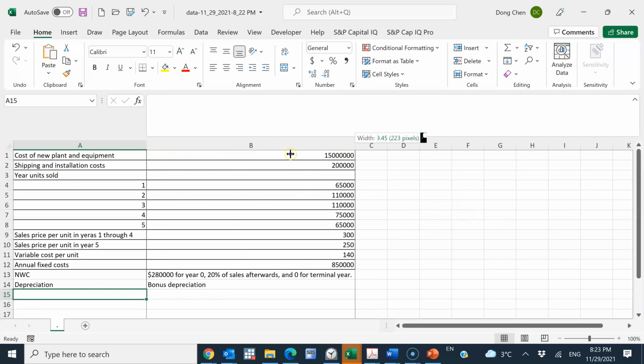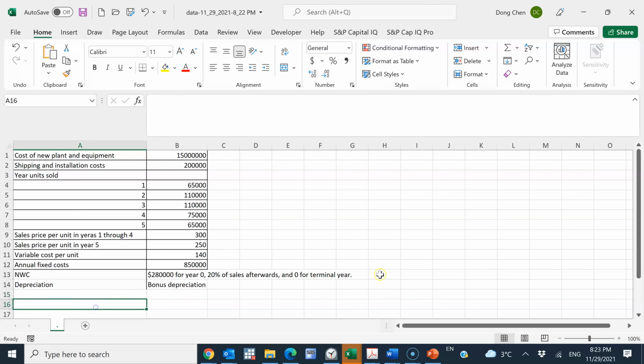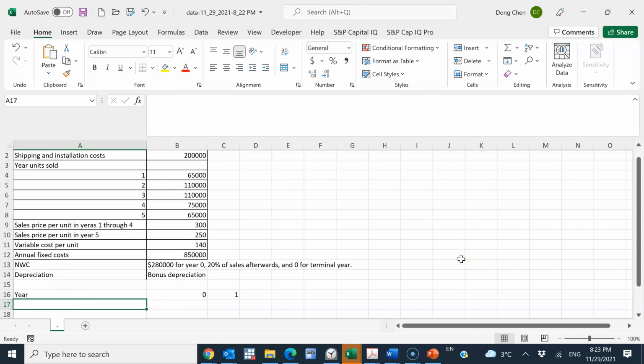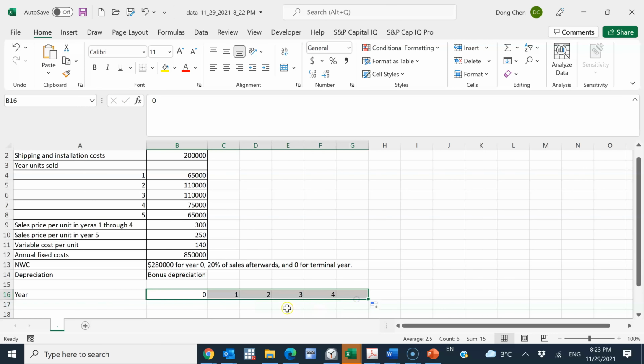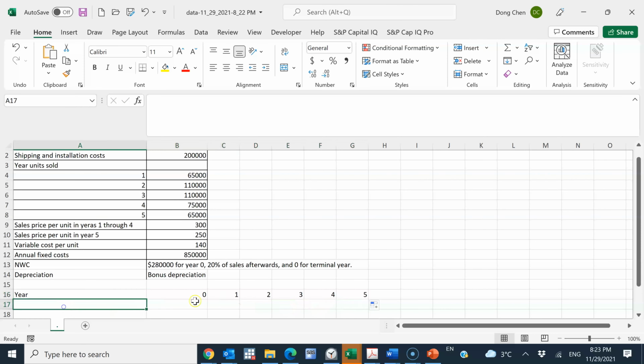So that's basically the setup. Now, let me just put the year number 0, 1, and then we can just drag the cell to the other years. It's going to be a 5-year project, so that's what this looks like.